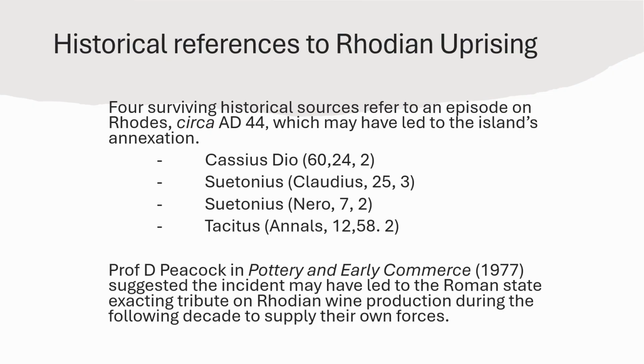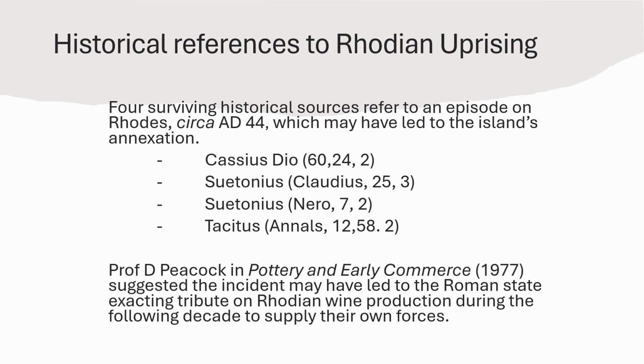The Roman authorities didn't tend to like that kind of treatment of their own, and it is believed, therefore, that in 44 the island was annexed early in Claudius's reign, and for the next 10 years the Rhodian amphorae spike so much that they almost drive the Dressel 2-4 out of the supply regarding the wine distribution.